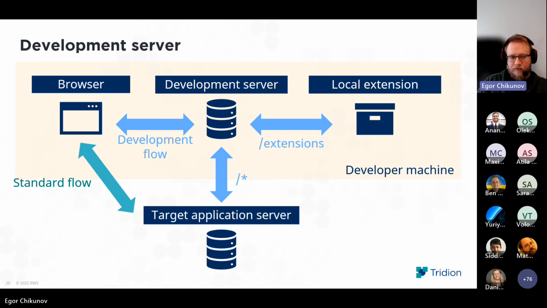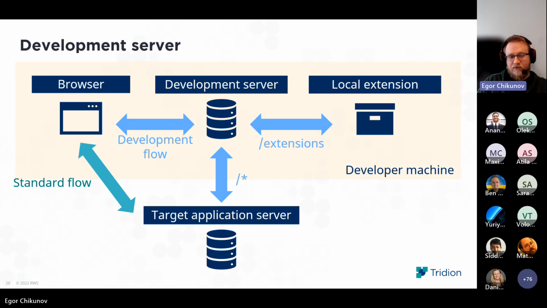In order to make it possible to develop extensions, we are starting up a local development server. So all of your browser communication goes directly to the local development server. This local development server proxies all of the requests, except for extensions, to the target application server. And specifically, requests to extensions go to your local code that's provided seamlessly, and then you would see it on this target application server.